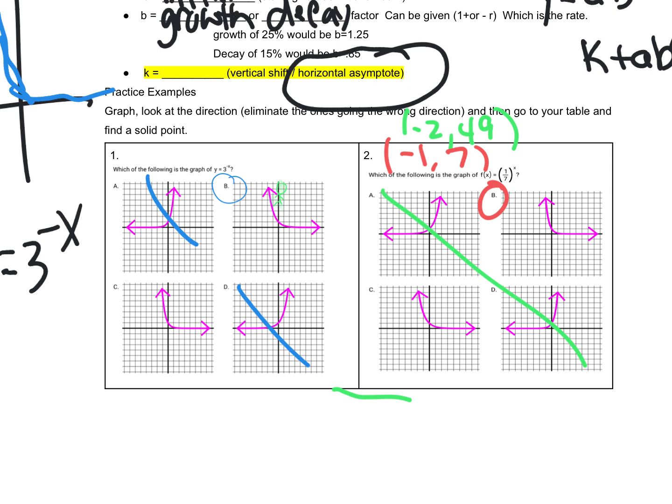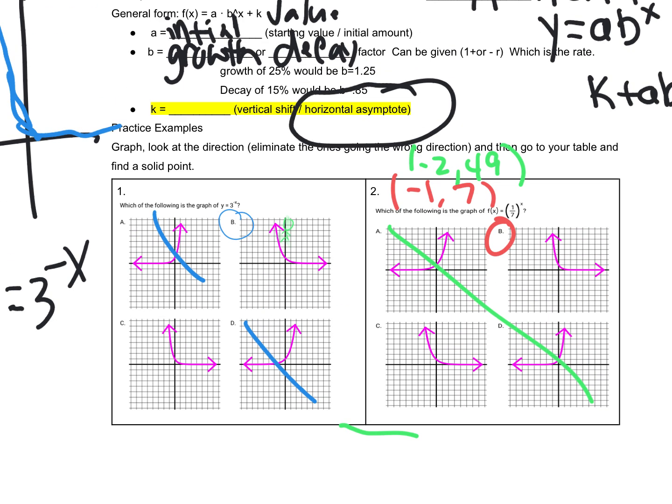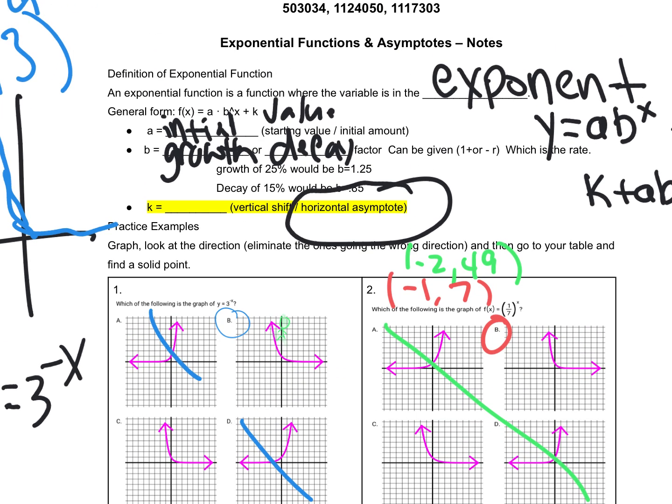The K is your vertical shift. So it's your horizontal asymptote. So it's your shift. You're going up or down. So let's go first page, and your K is whatever you're adding.